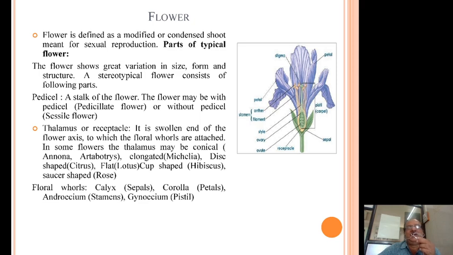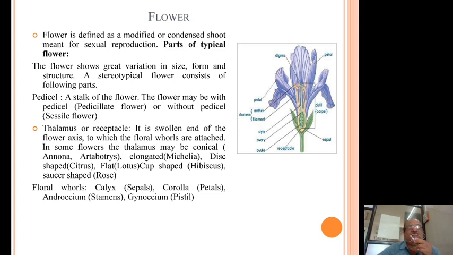So, on that, the flower is placed, and if you have the stalk, that stalk is called the peduncle. Now, when pedicel is present, the flower is called a pedicellate flower. In some cases, the pedicel might be absent. In such cases, the flower is called a sessile flower.